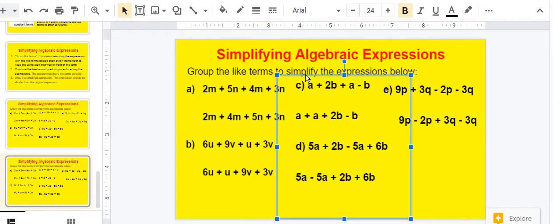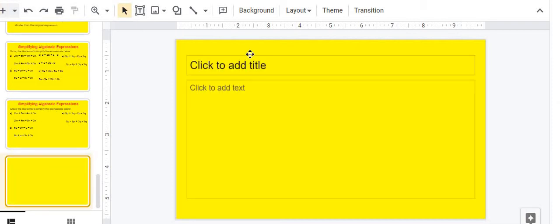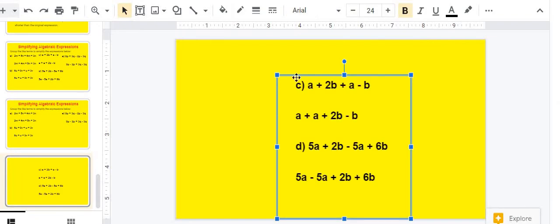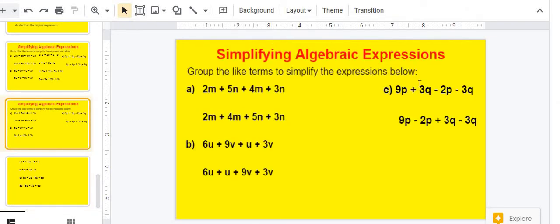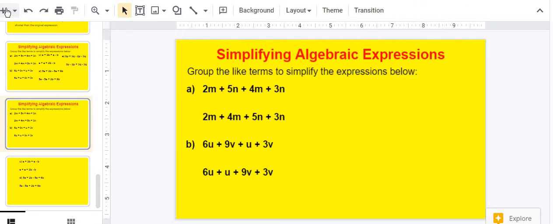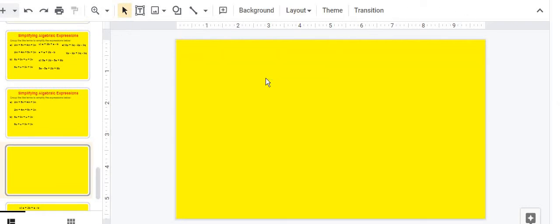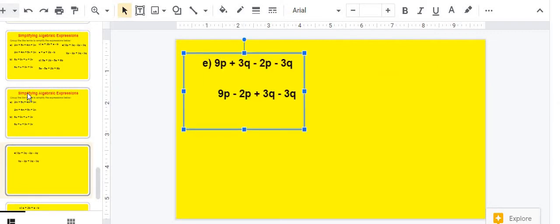Okay, let us create a little more space. Okay, so the first step in simplifying your algebraic expressions is to group or collect your like terms. So we're going to need these for completing step 2.